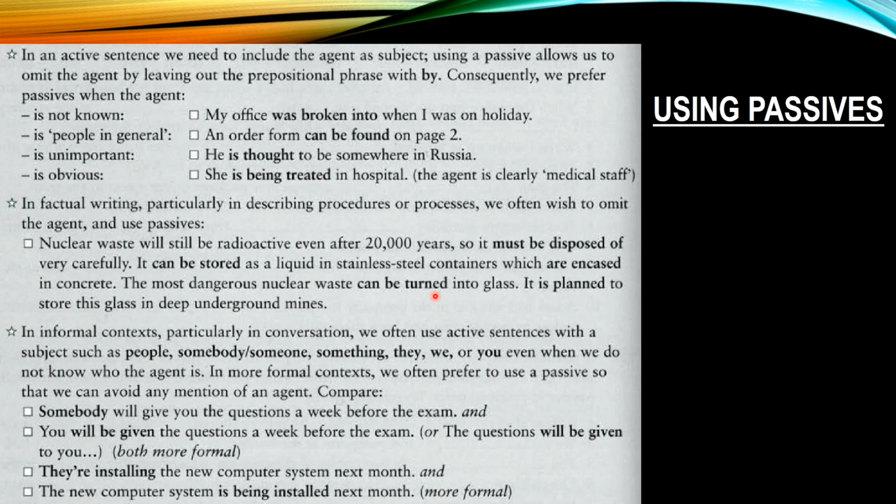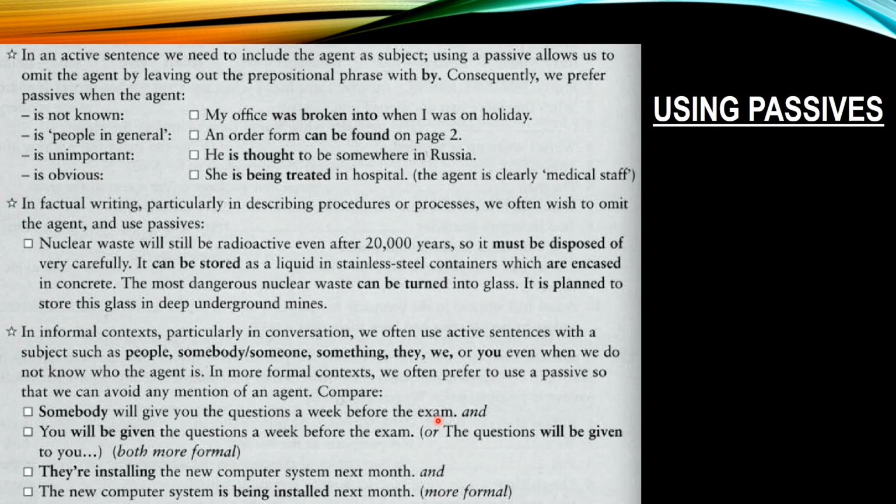But passives are mostly used in formal speech. That means that in informal contexts, we can use active sentences with such words as people, somebody, someone, something, they, we, you, even when we do not know who the agent is. Like: somebody will give you the questions a week before the exam. This is an informal sentence.